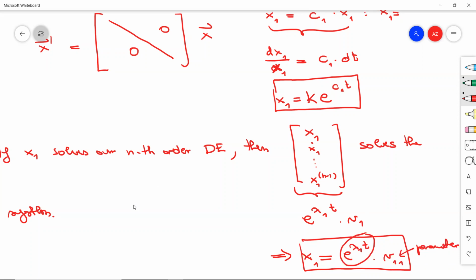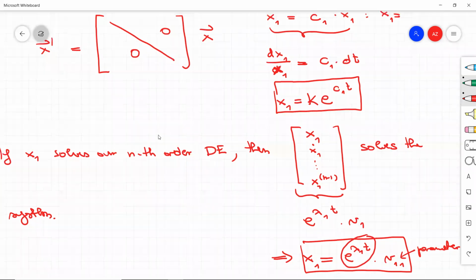If you do a translation to the system, then we also need to compute the eigenvectors, but here we don't need to, because we are interested only in the first component of this eigenvector.